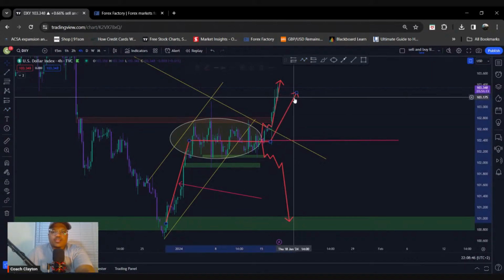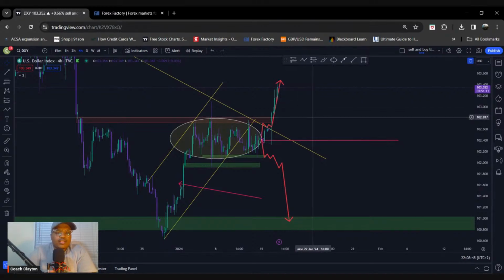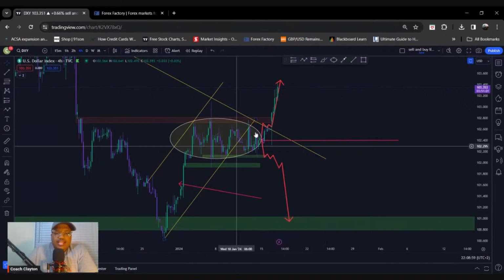However, I took a different stance regarding this week because we had CPI reports come out and also farm payments, and it was consolidating.